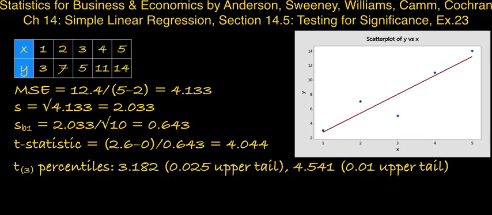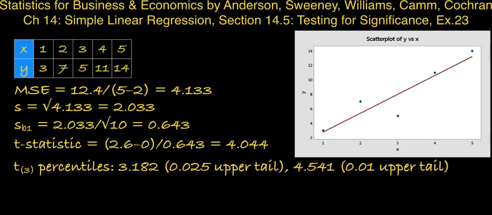Our t-statistic is in between those two percentiles, so therefore it has an upper tail that's in between 0.01 and 0.025, and since we're doing a two-tailed test, we need to multiply that by 2 to find bounds for the p-value. So the p-value must lie in between 0.02 and 0.05.